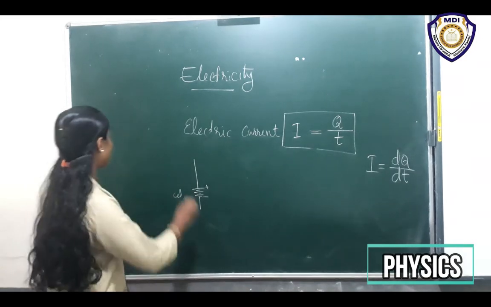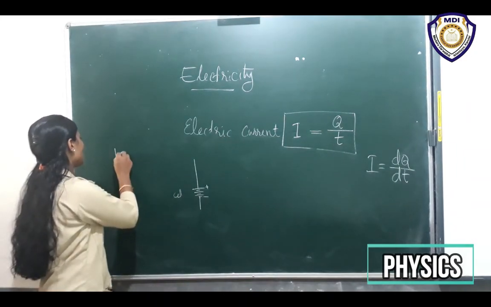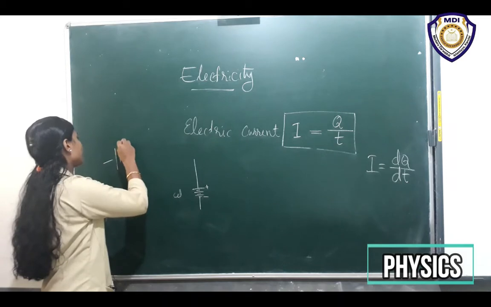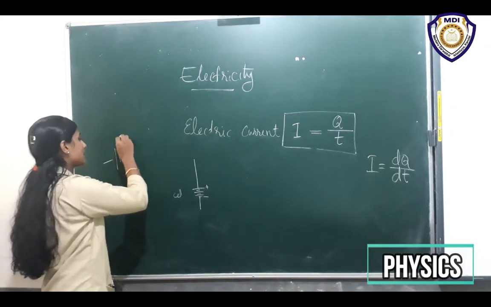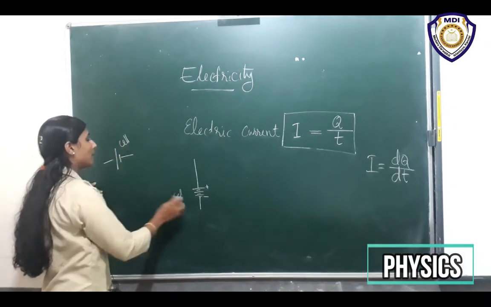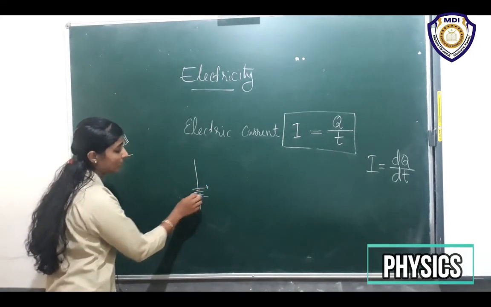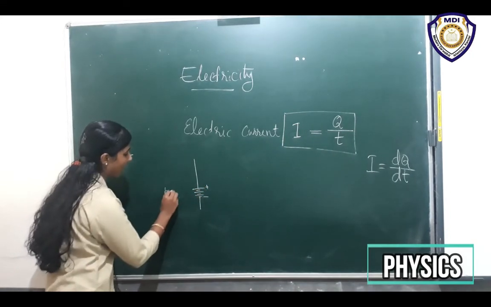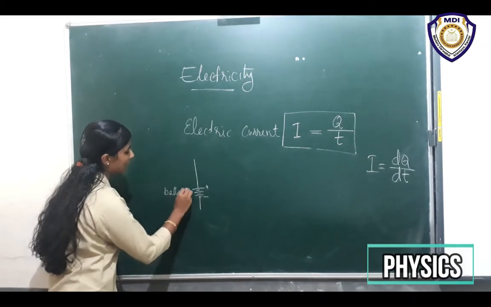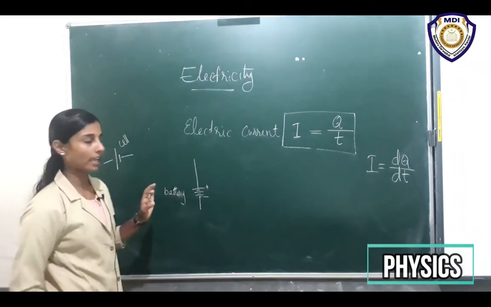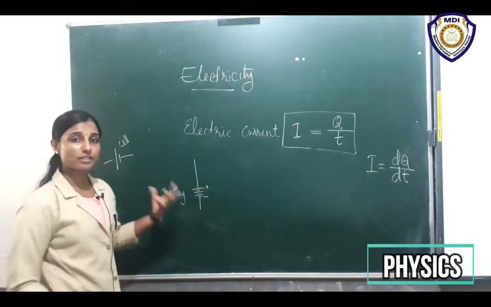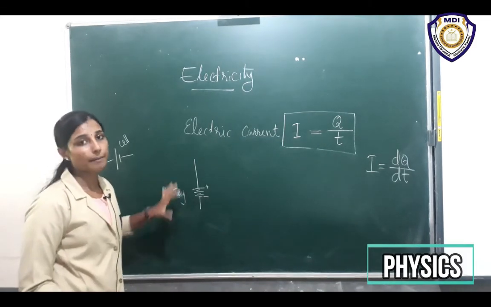If we draw like this, it is a cell, right? But here we have 1, 2, 3 cells. So it is actually a battery, right? Two or more cells constitute a battery.